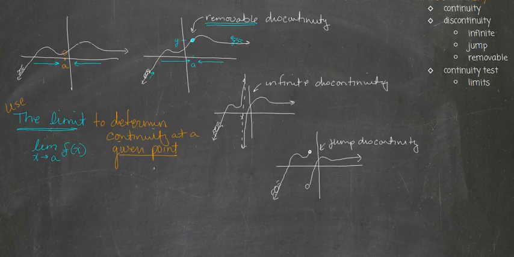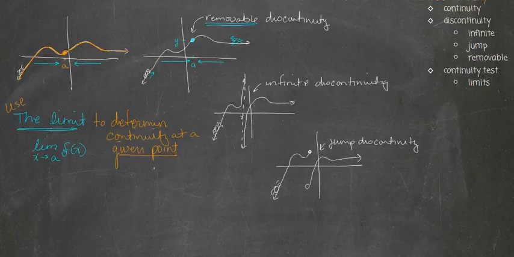It has to be getting closer and closer to a as I move on the left-hand side. It also has to be getting closer and closer to a as I approach from the right-hand side, and it actually has to exist at a. So there's some logic there, right? If the graph is moving toward a on the left, moving toward a on the right, and actually exists at a, then it's continuous at a.